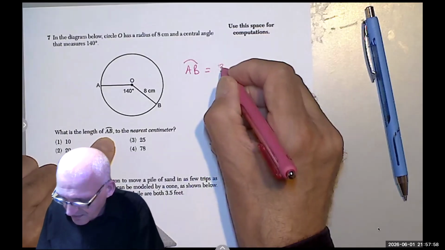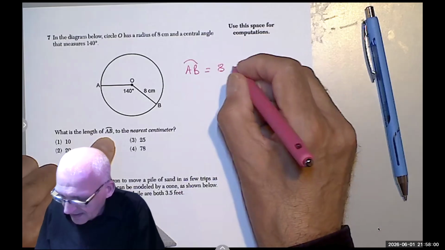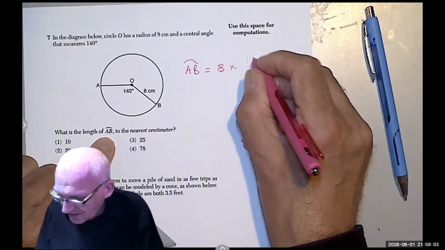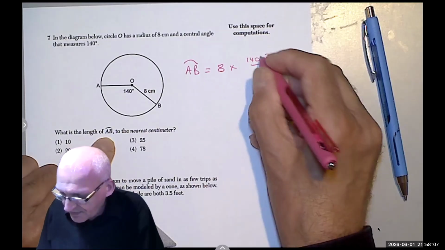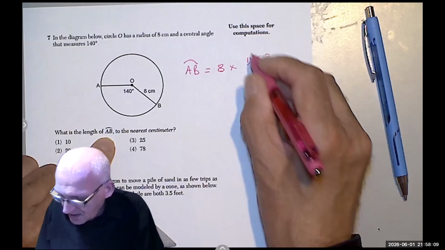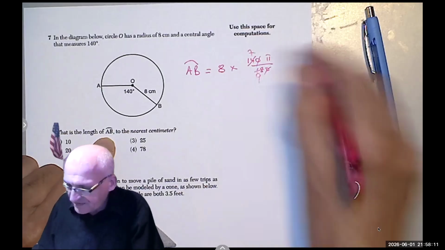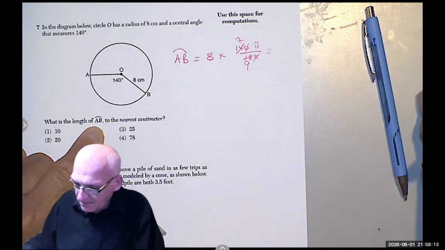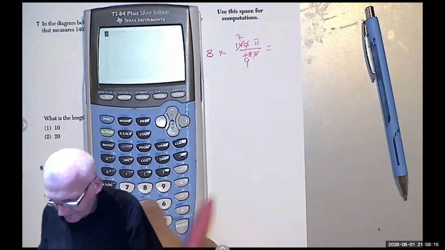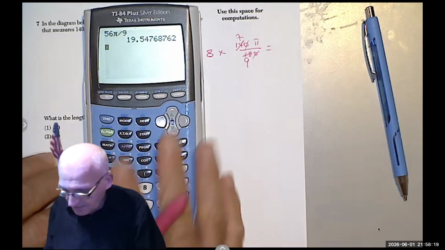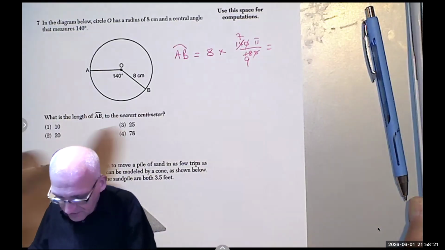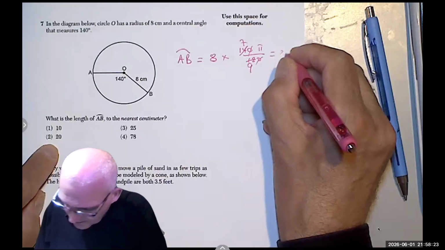So 8 times 140 pi over 180. I can simplify the 0 and the 0, 7 and 9. So 56 pi over 9, which is 19.54, to the nearest centimeter, so it should be 20.